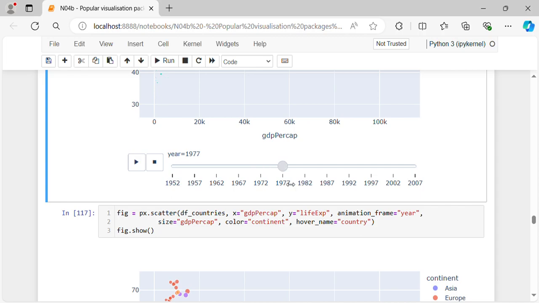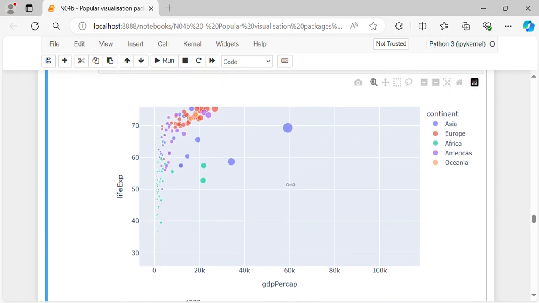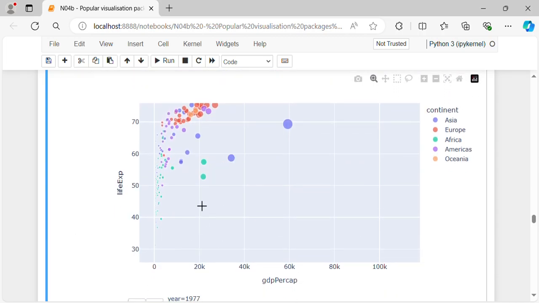For 1977, we can see yes, so the GDP is slowly increasing, and the GDP for the Asian country that was highest is now decreased, and the life expectancy is increased as well.